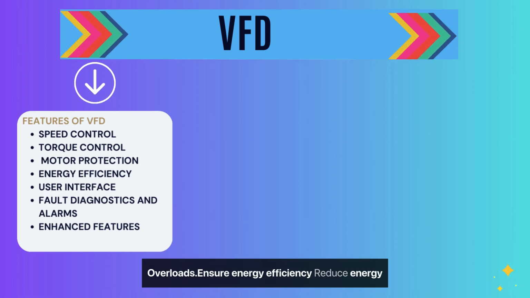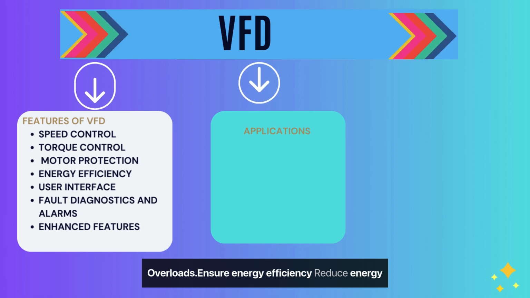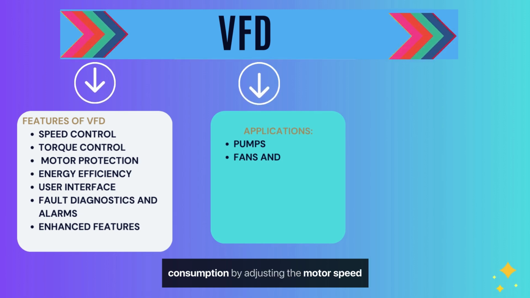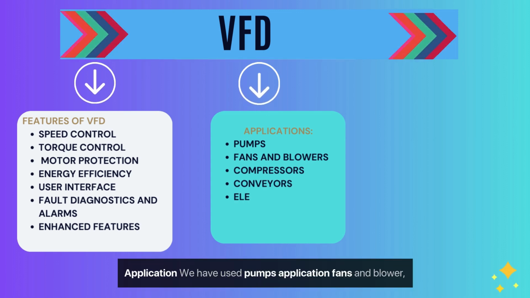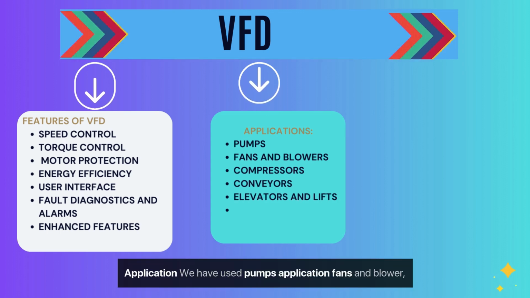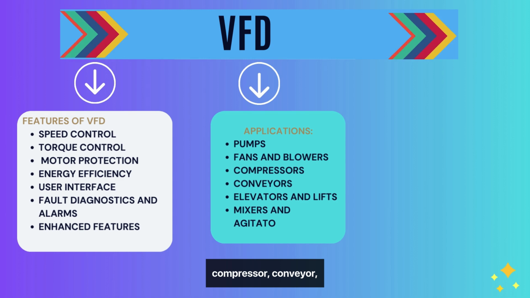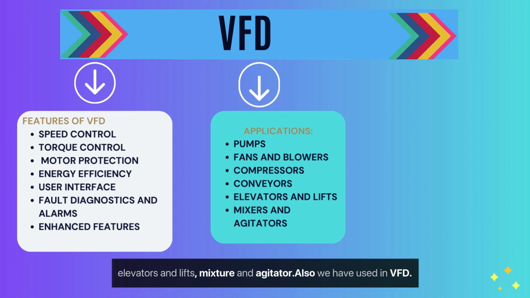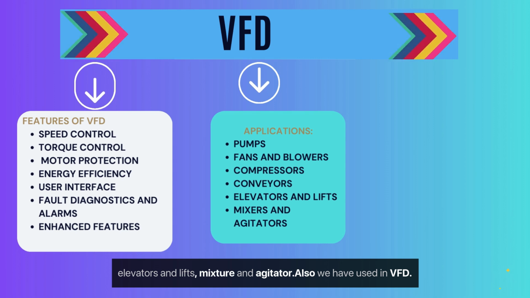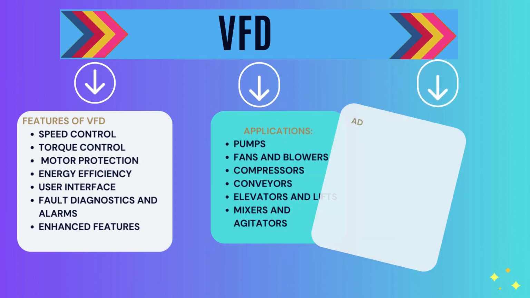Energy efficiency: reduces energy consumption by adjusting the motor speed to match the load requirements. Applications: pumps, fans and blowers, compressors, conveyors, elevators and lifts. Mixers and agitators are also used with VFDs.